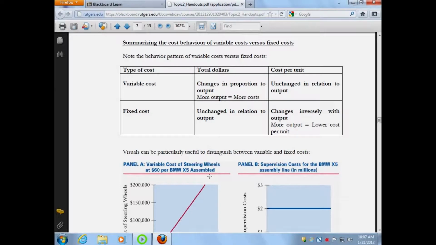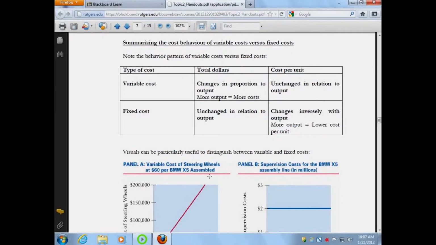On a total basis, they stay fixed, but on an average or a per unit basis, they vary depending on how much your activity is. Okay, so the simplest example, the easiest way to visualize this is to think of your classic fixed cost, which is rent. The cost that you pay for space. Imagine you rented out a space that can make up to 50,000 cars and you're paying $1 million in rent.